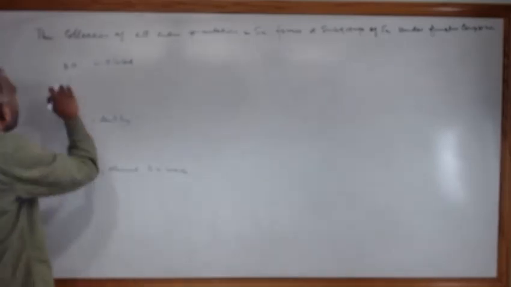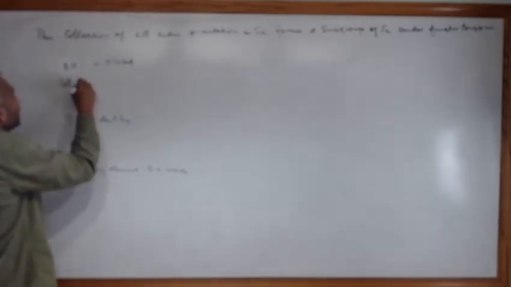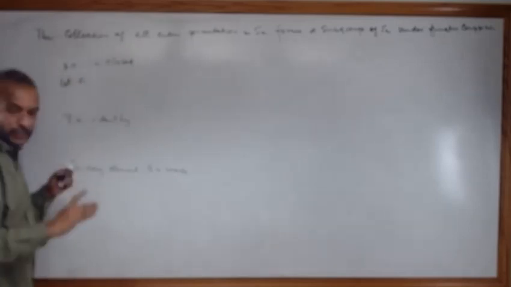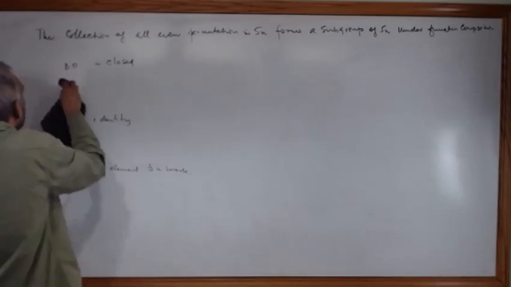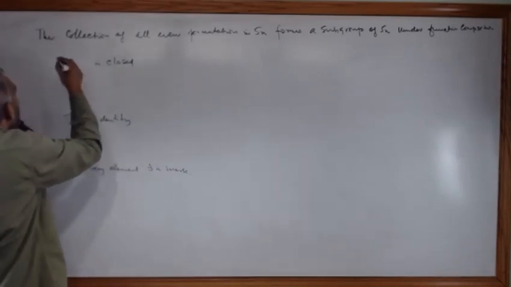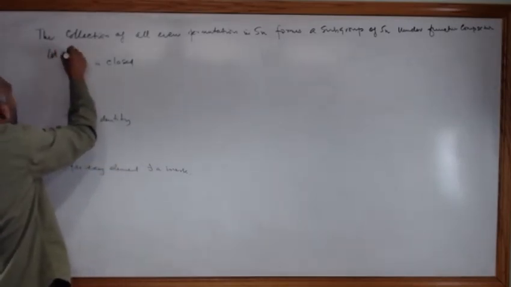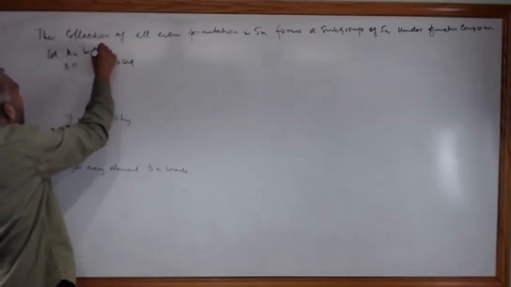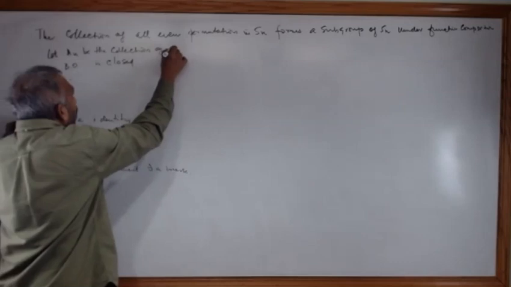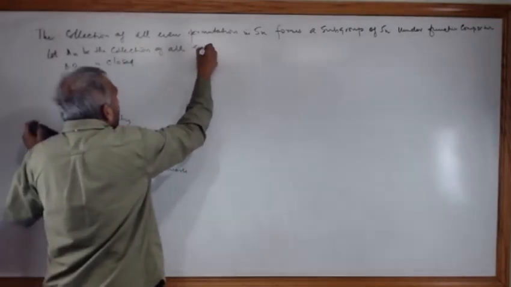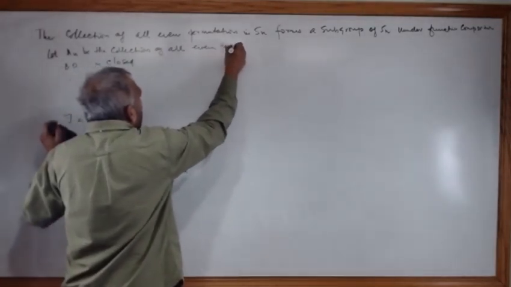So here, first let us say let An be the collection of all even permutations.